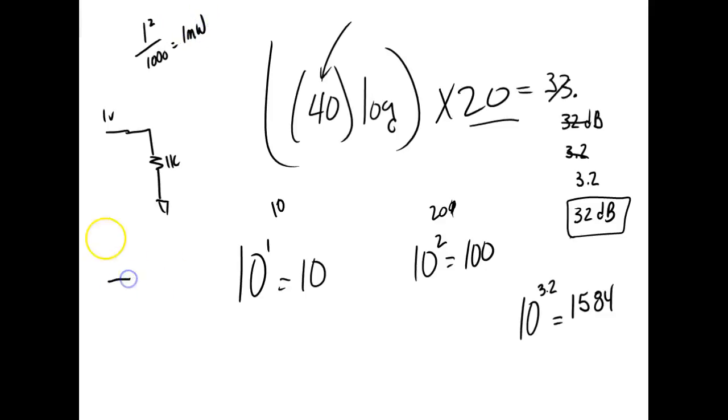So now we're going to get a gain of 40, and then I'm going to run that into a 1K resistor. This is on my output, so that's going to be 40 squared divided by 1,000.